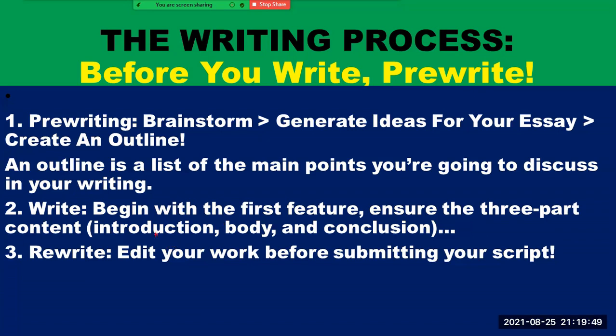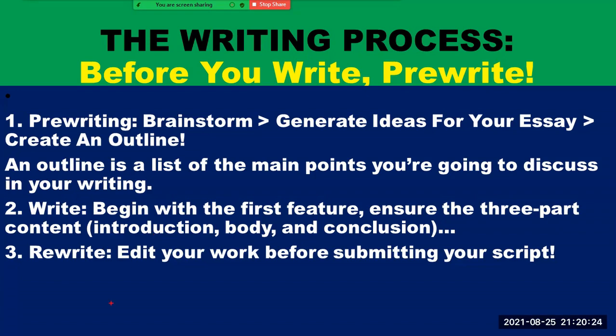So when you start writing, if you pick a letter, you have to take note that a letter starts with an address, a speech starts with a title or heading, an article starts with a title or heading, a story starts with a title or heading, but a letter starts with an address. So you need to begin with the first feature of the particular form of writing you have chosen to do, and then you follow the procedure.